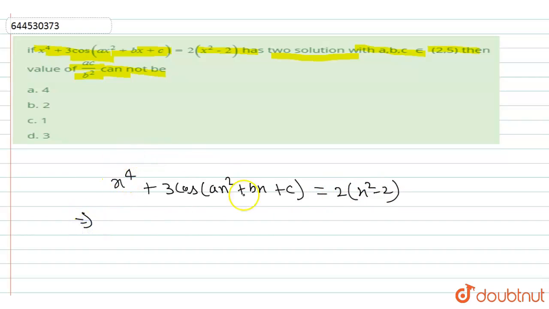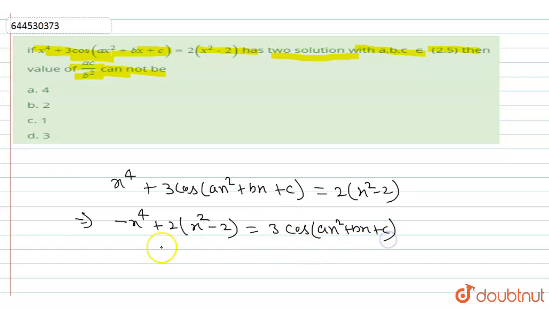If you transpose the right side, we get −x⁴ + 2(x² − 2) is equal to 3 cos(ax² + bx + c).